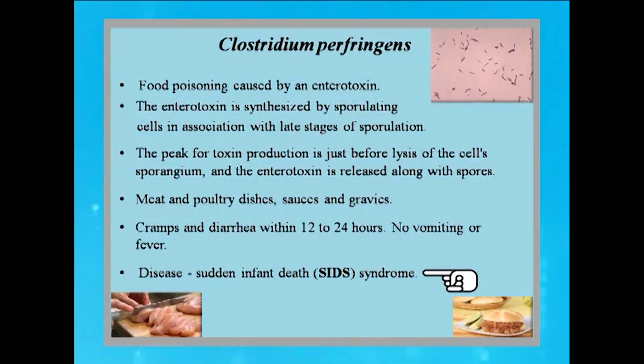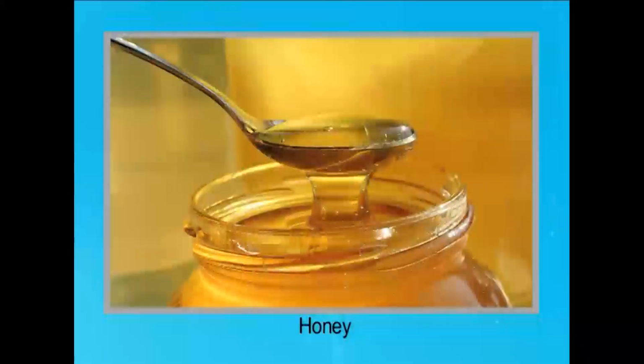The disease called sudden infant death syndrome or SIDS is a very common symptom for this type of enterotoxin poisoning. Now, in sudden infant death syndrome, the death of infants or small children takes place because the small children are regularly given honey. Now, this honey is a very good source, a very good medium, for the growth of Clostridium perfringens.